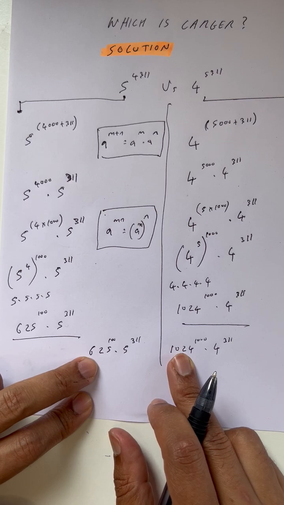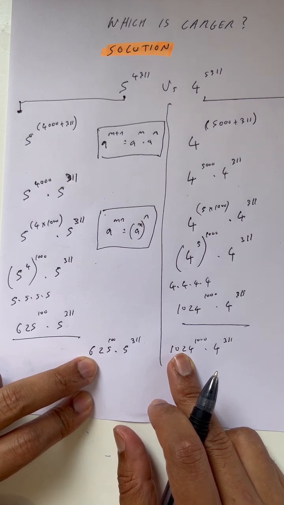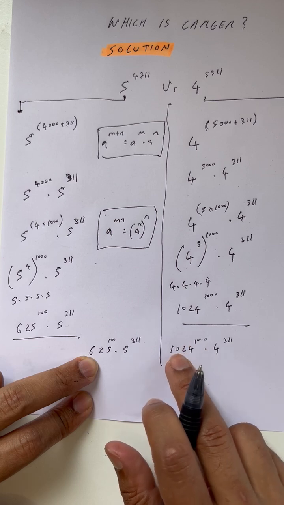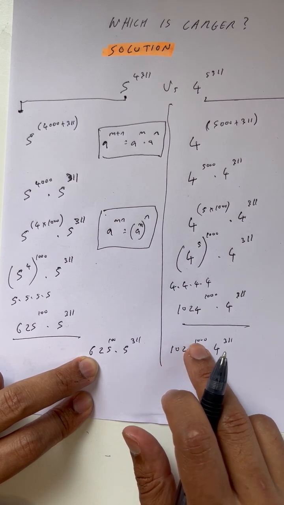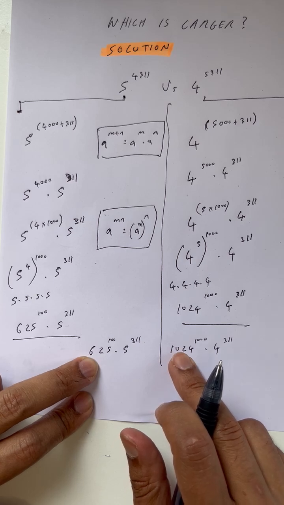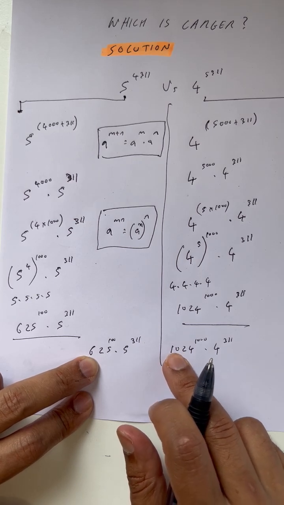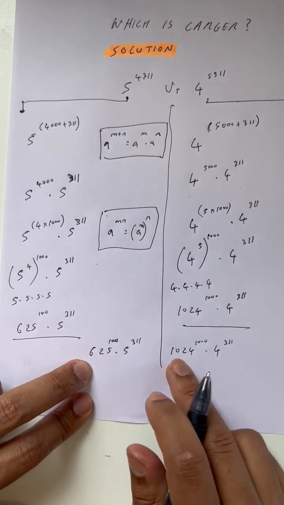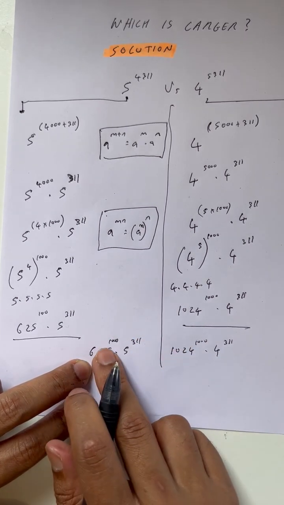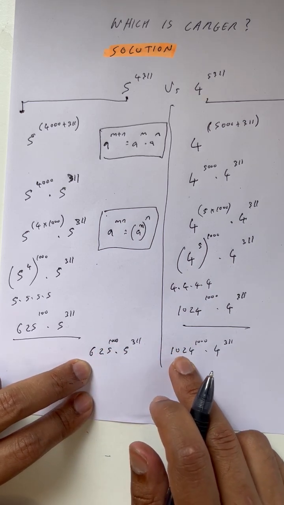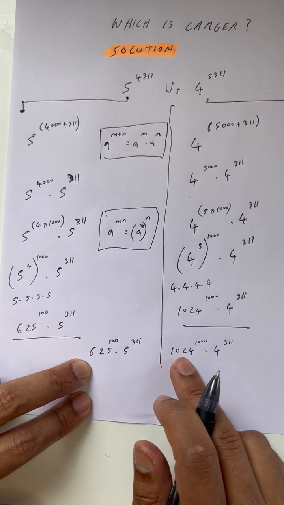Let's look at the first term respectively on each side of the problem. We've got the same power, so it's a different base, but it's the same power. So we can compare, because it's a lot easier to compare bases than powers. So we have 1024 to the power of 1000, and we have 625 to the power of 1000. Now, because the powers are the same, we can simply compare the bases. 1024 is greater than 625, so that's great.